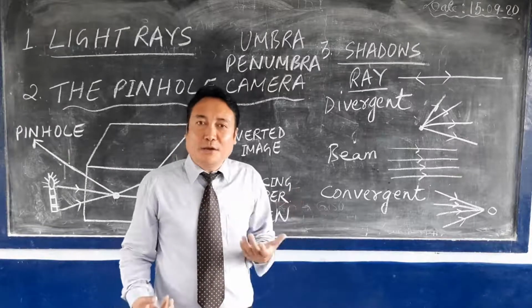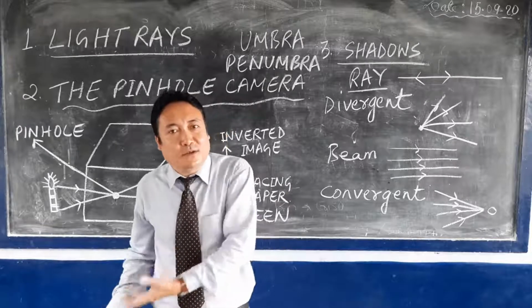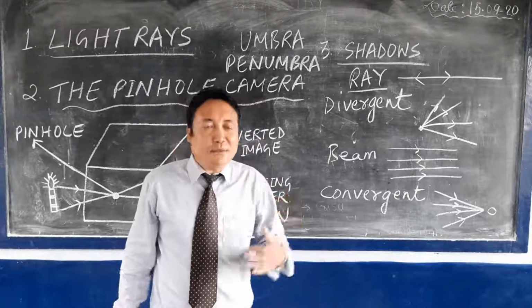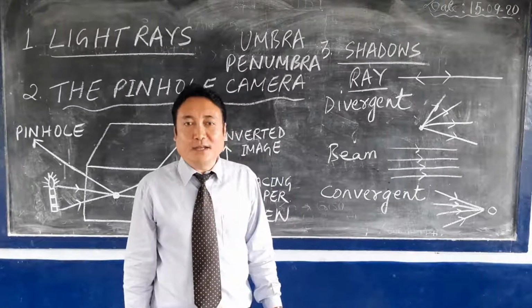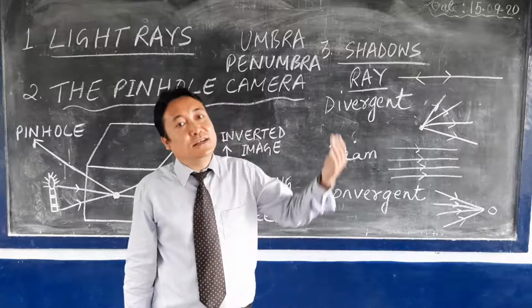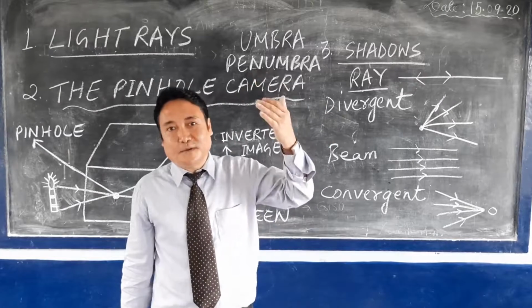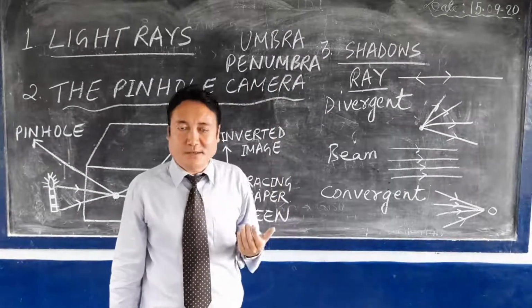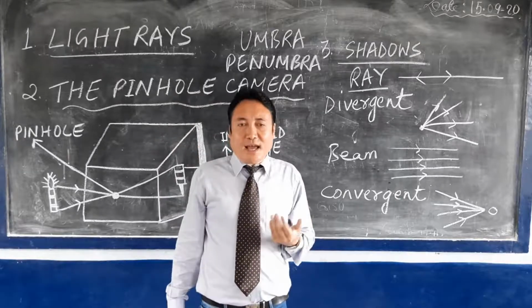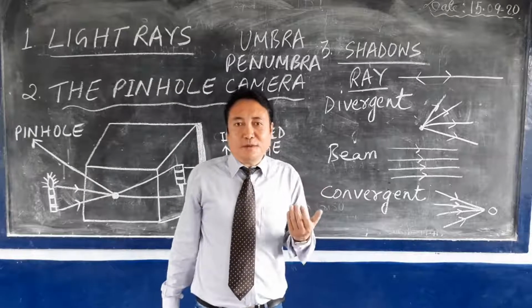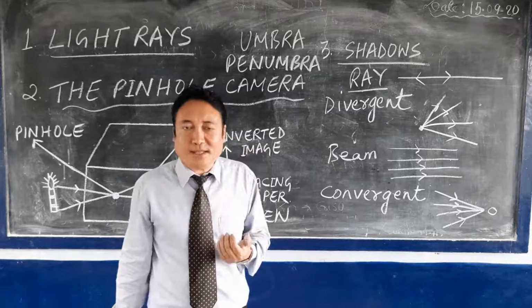Or even our human body, we cast a shadow on the ground, and the shadow can be larger or smaller depending upon the distance of the sun from us. Now these shadows are formed by the opaque object. And what is a shadow?